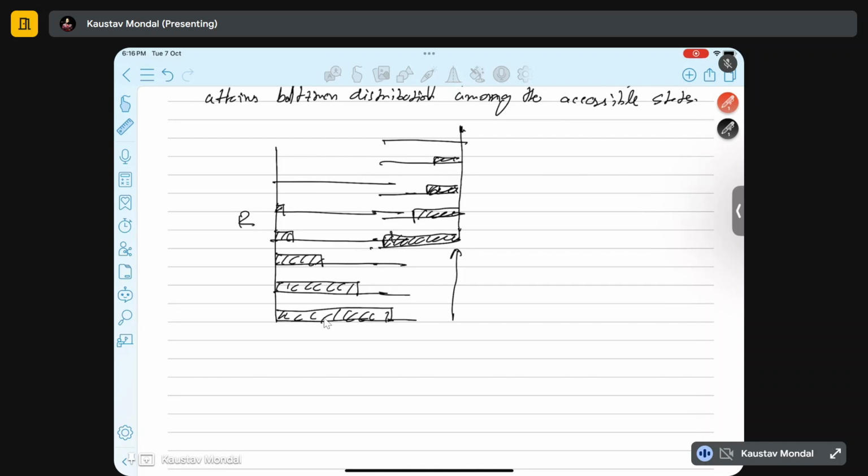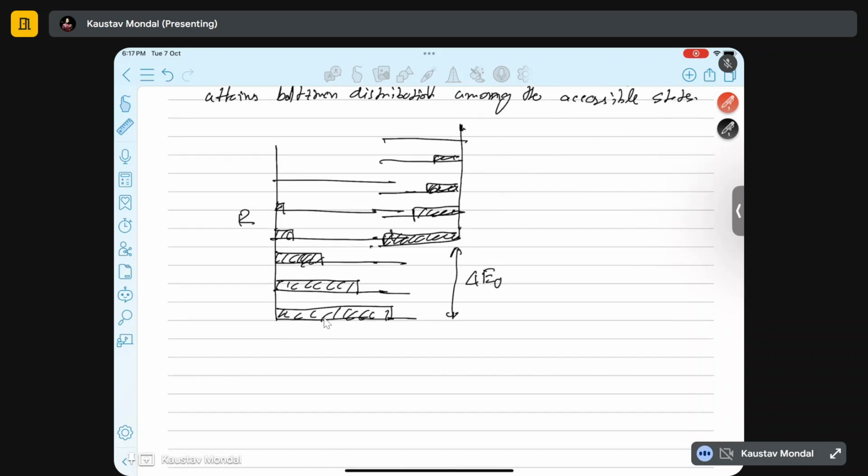This is the difference in the zero point energy, delta E0. As you can see, this is the reactants and this is the product energy level. Since the overall energy state of the reactants is lower than that of the product, the overall population of the reactants is dominant compared to the product.